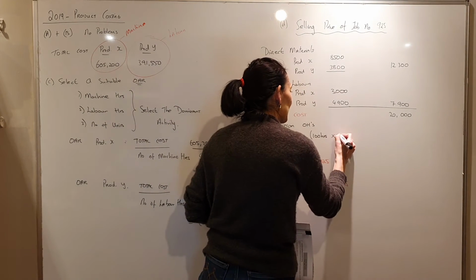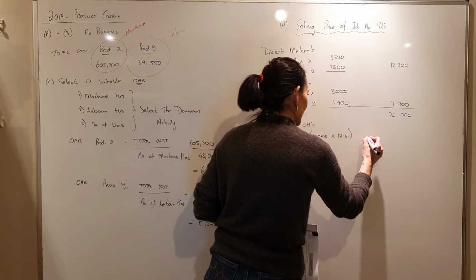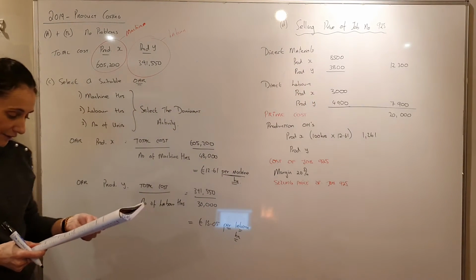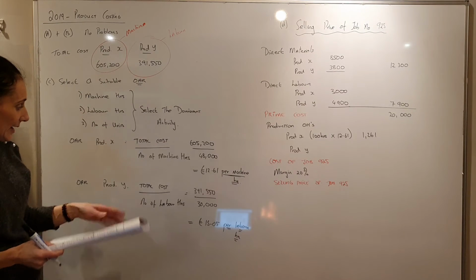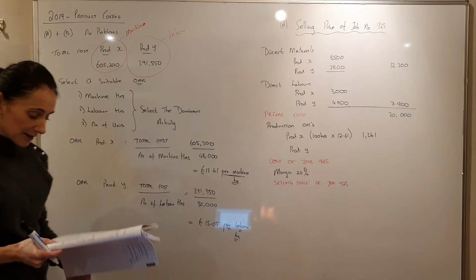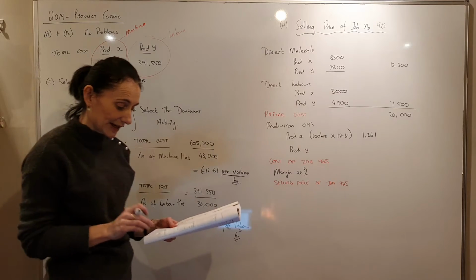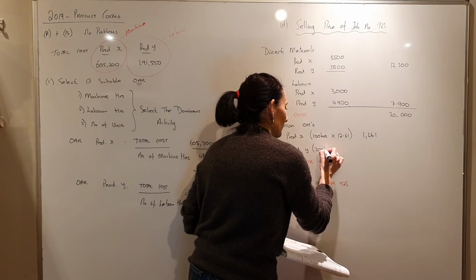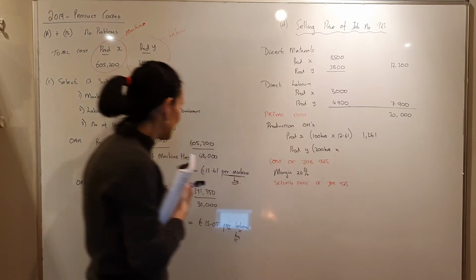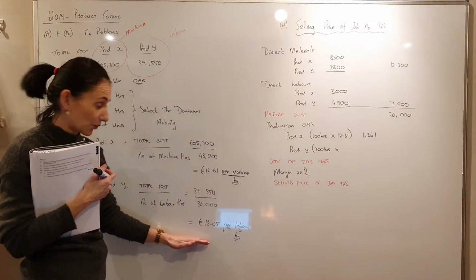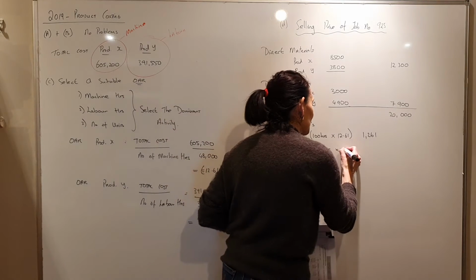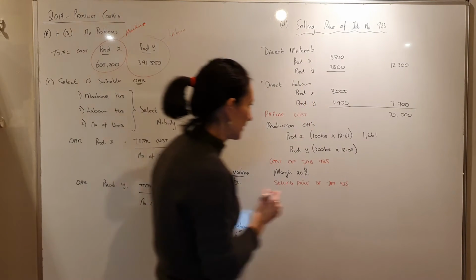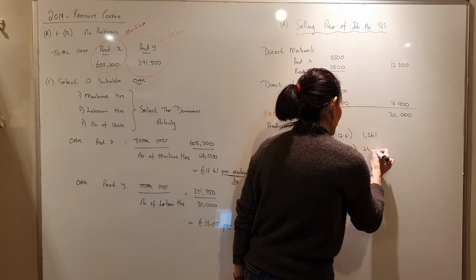So you multiply by 12.61 and that gives you 1,261. Then for production department Y, we're basing it on labour hours. How many hours of labour were used in this job? There were 200 hours of labour, and we multiply that by 13.05. So that's 2,610, isn't it?